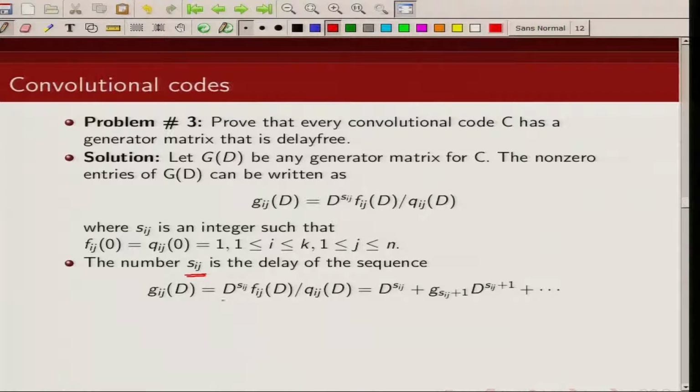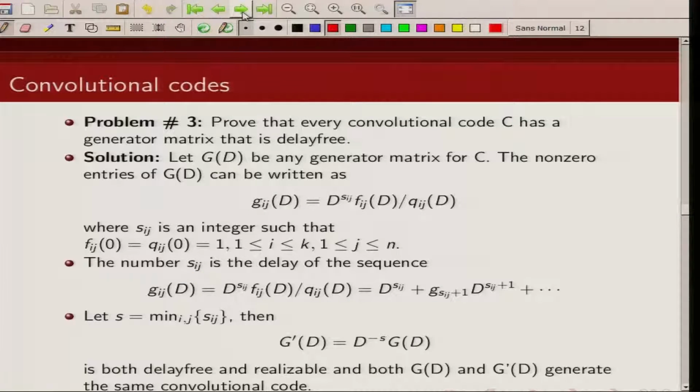If we consider s, which is the minimum of s_ij over all i and j, then we can find an equivalent generator matrix G'(D), which we can write as D^(-s) G(D), and this G'(D) will be delay free and of course realizable, and it also generates the same set of code words.